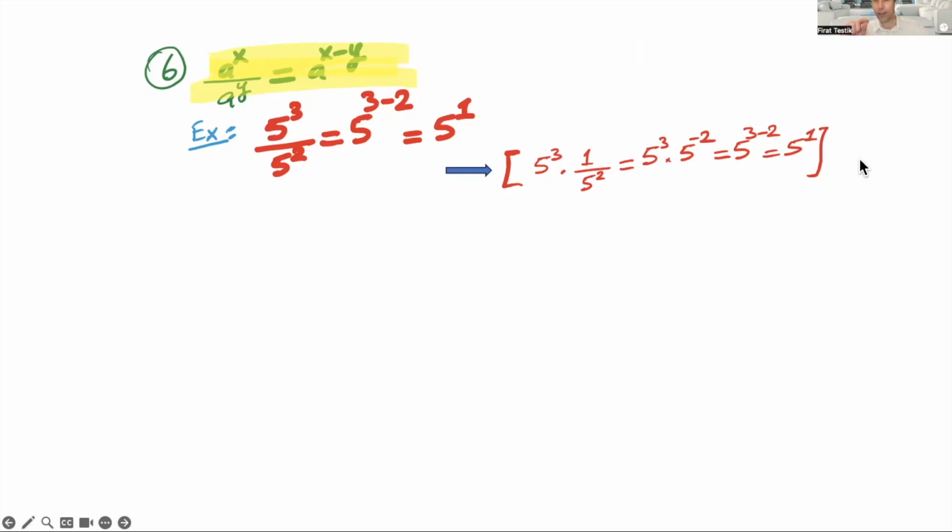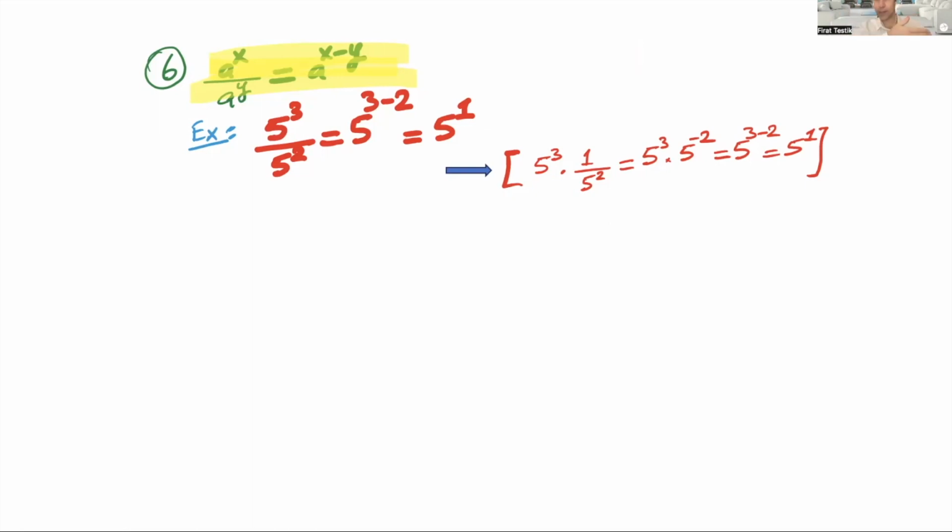An alternative, very explicit way of writing this is: 5 to the power 3 is basically 5 times 5 times 5. 5 to the power 2 is in the denominator, 5 times 5. So 5 times 5 appears both in the numerator and denominator.